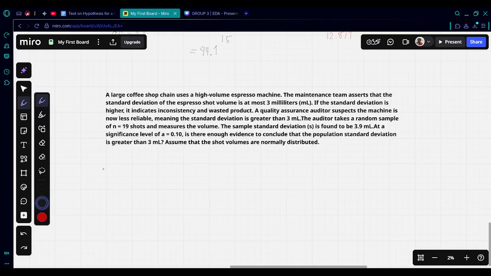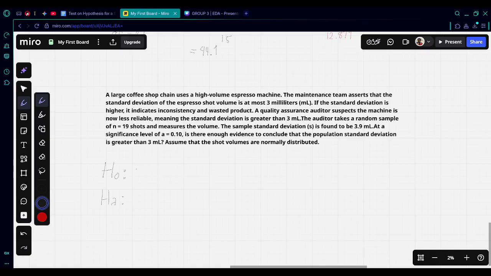So here, our null hypothesis and alternative hypothesis. Based on our given problem, it was stated that the maintenance team asserts that the standard deviation of the espresso shot volume is at most 3 milliliters.